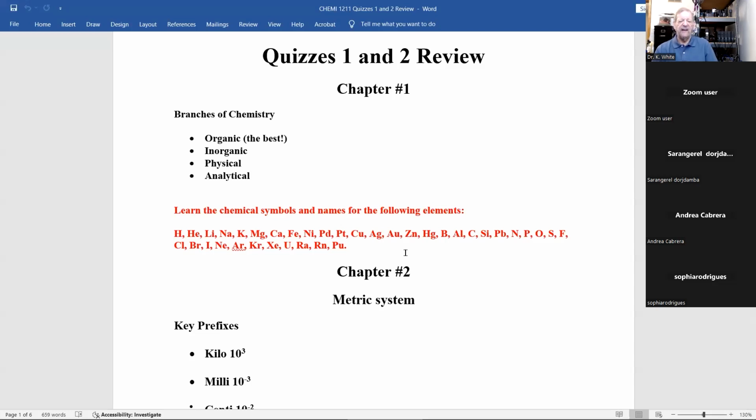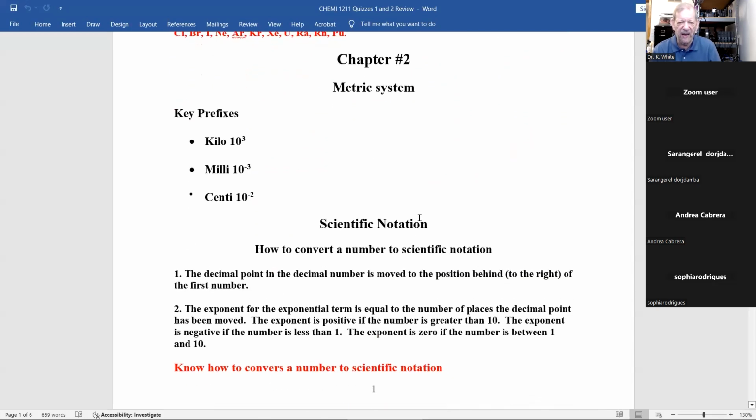All right, next I started talking about the metric system. And the metric system has some key prefixes. You should know kilo means 10 to the third, like in kilogram, that means 1,000 grams.